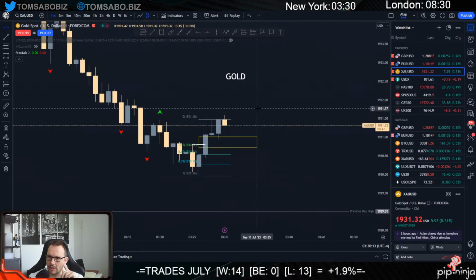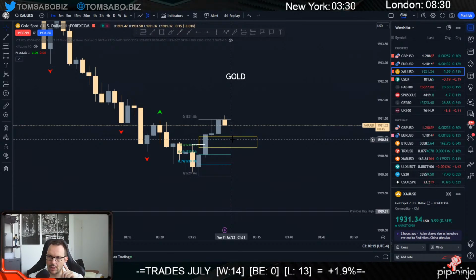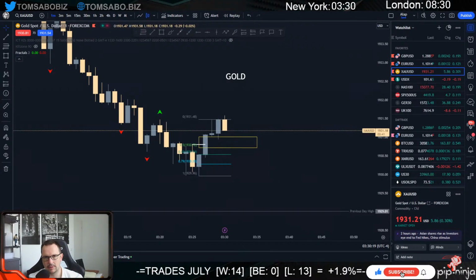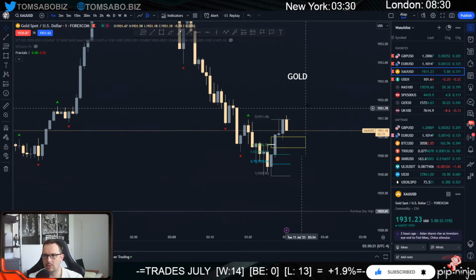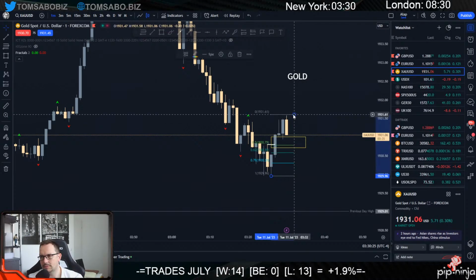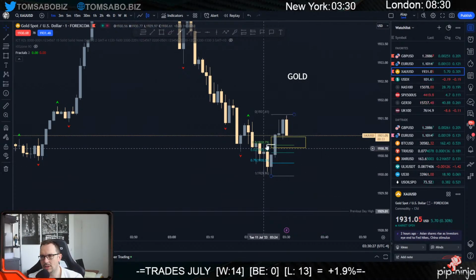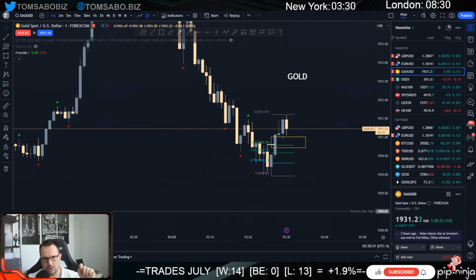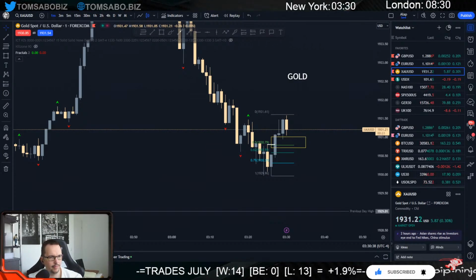Broke this fractal high as well. Still have a fair value gap, so it might be good for a re-entry. If you guys want to risk it for the biscuit, you're welcome to do it. Re-entry on gold for going long. I'm not going long because I'm a chicken. I'm scared. Maybe I should go long, right?